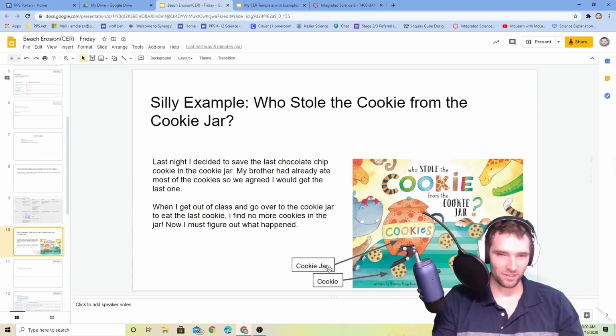So you've got this jar, you've got some cookies in it, and a common thing that happens is that sometimes the cookies just disappear. So let's say last night my brother had the last cookie, or I think he had the last cookie. Now I have to determine this as a scientist and go through this process scientifically to really figure out if he did this or not.